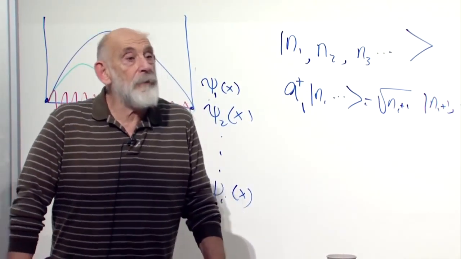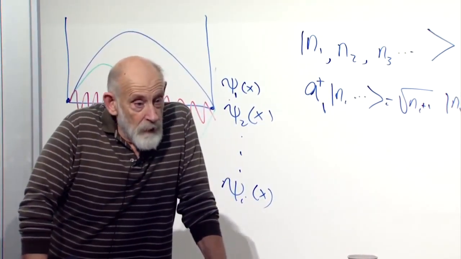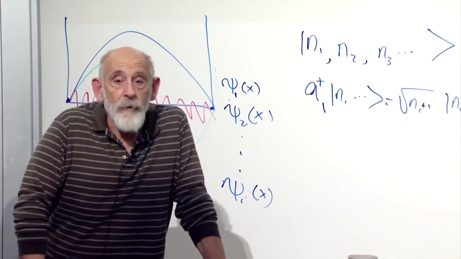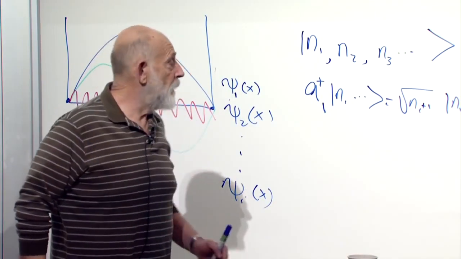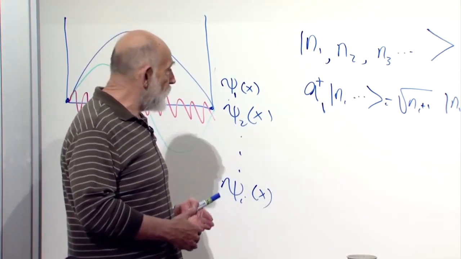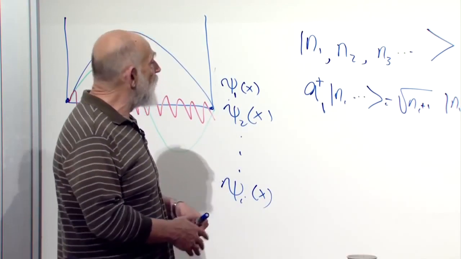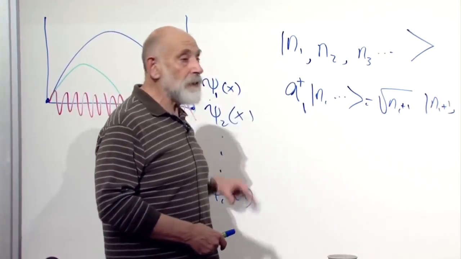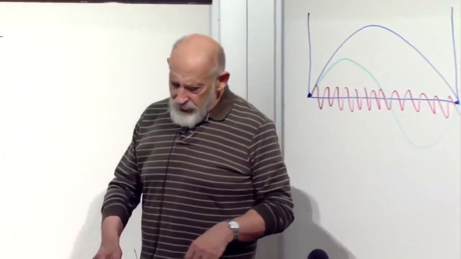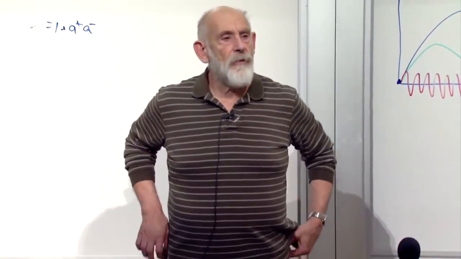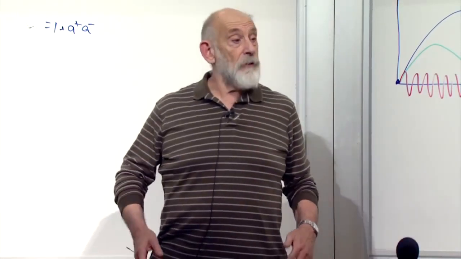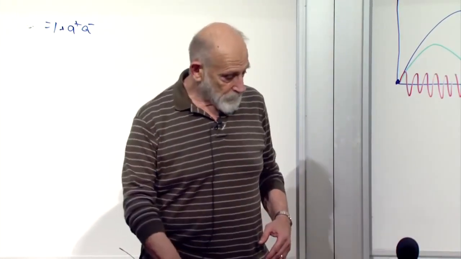Or an atom might absorb a photon. How do we express the fact that the photon has disappeared? We say an annihilation operator has acted. So the purpose of all of this is not only to study systems of arbitrary number of particles, but even systems of variable number of particles.